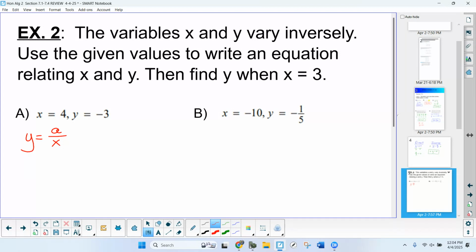All right, well, it tells you x and y. So what are you guys going to plug in for y? -3. What are you going to plug in for x? 4. And now what are you going to do to solve this? Multiply by 4. And what do you get for a? -12. Now, what's my equation relating x and y?